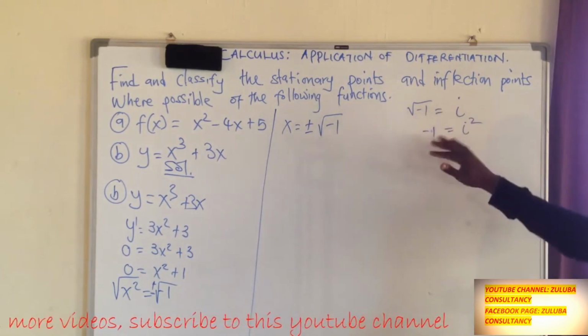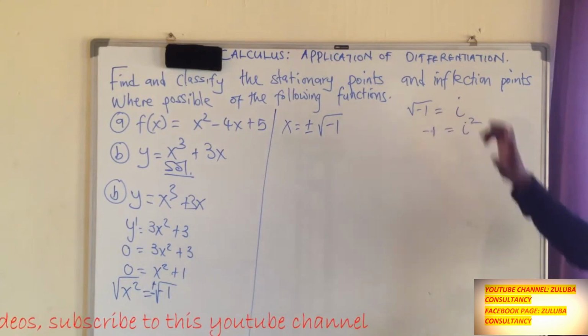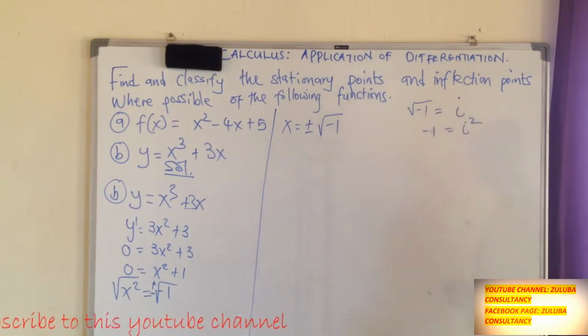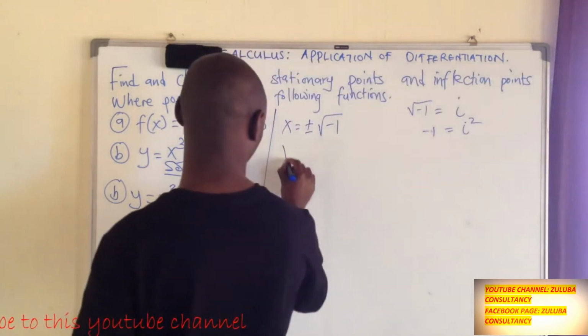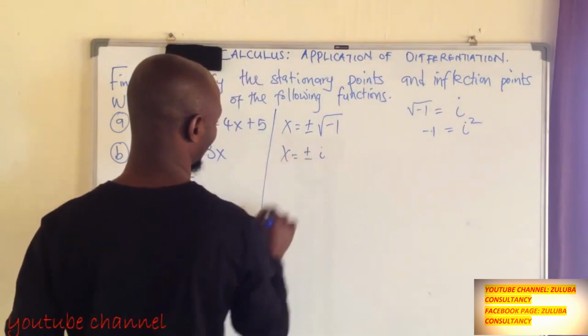If you square both sides, you have this, so I can use this identity to simplify wherever I have i squared. So this will be x is equal to plus or minus i.